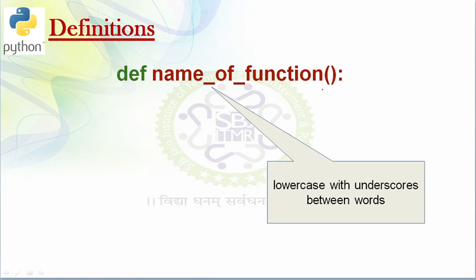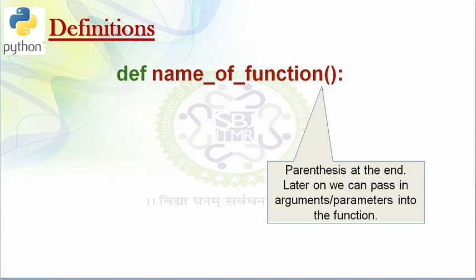The name can be a combination of many words, but it should be in lowercase with underscores between the words. So you can join more than one word with underscores.